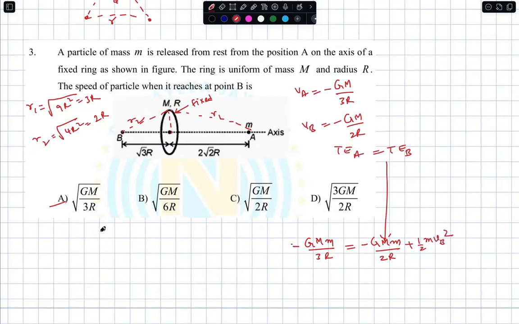Therefore, you will get VB square by 2 as, you bring that over to here, 1 by 6 times G capital M by R. VB is root of G capital M by 3 capital R.